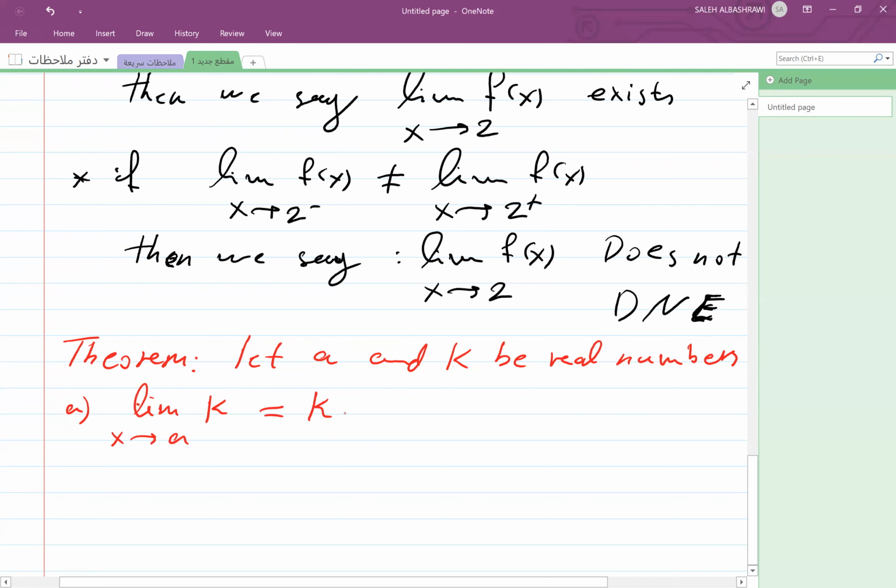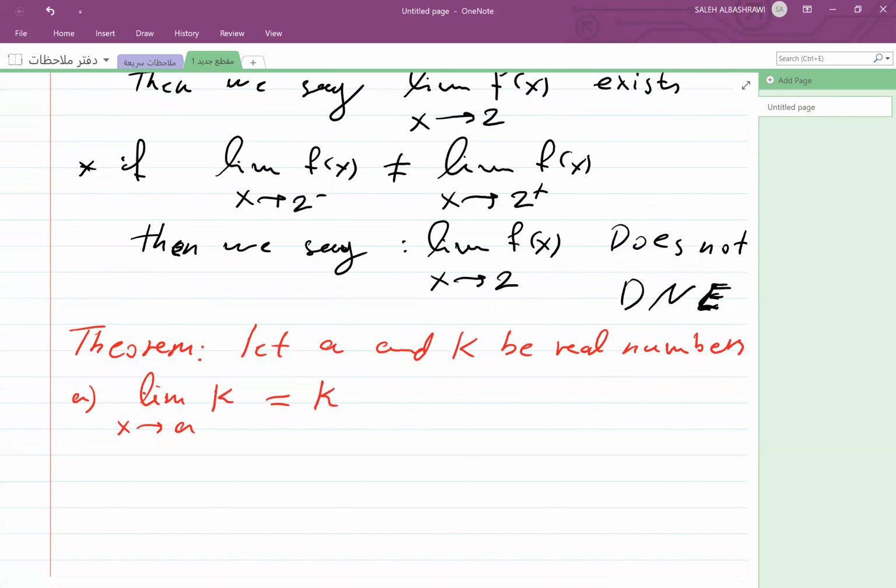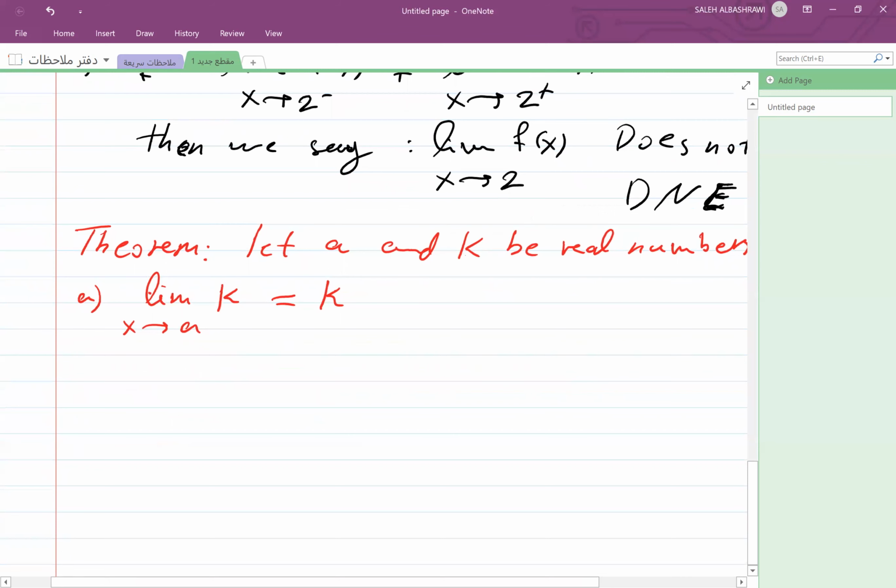So the limit of a constant number is still the same, it is k, no change, because there is no x. For the limit, we are looking for the independent variable. If I don't have an independent variable, it means the limit will be as given, like the constant function. It is unchanged. It will remain k.